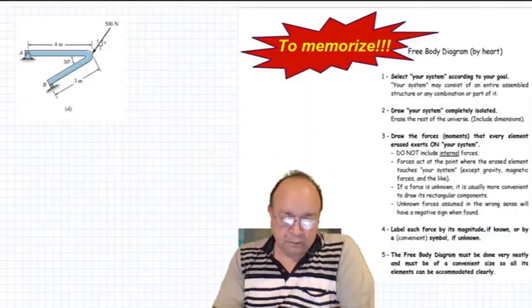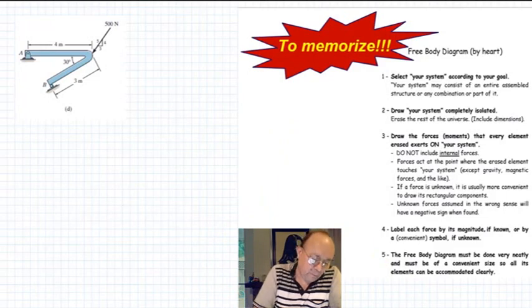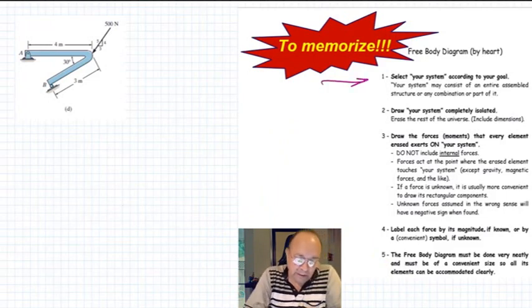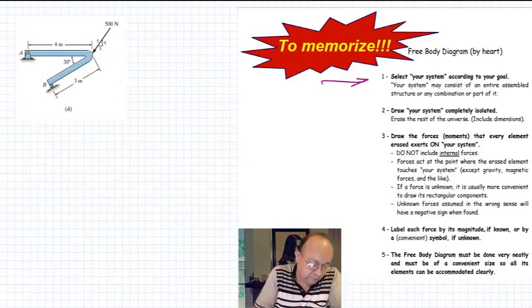Let's take a look at another one. Okay, let's take a look at this new problem here. Steps for a free body diagram. First, select your system according to your goal. Here we need to find the reactions, so our system will be our bar without the supports.